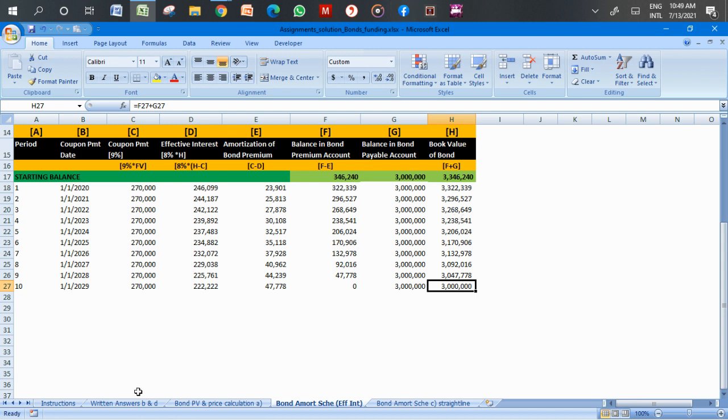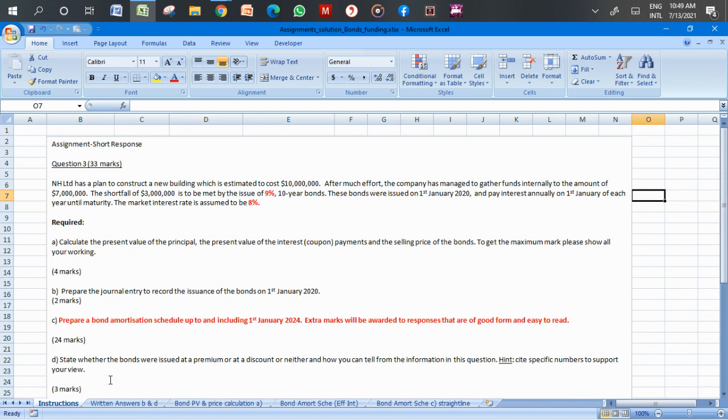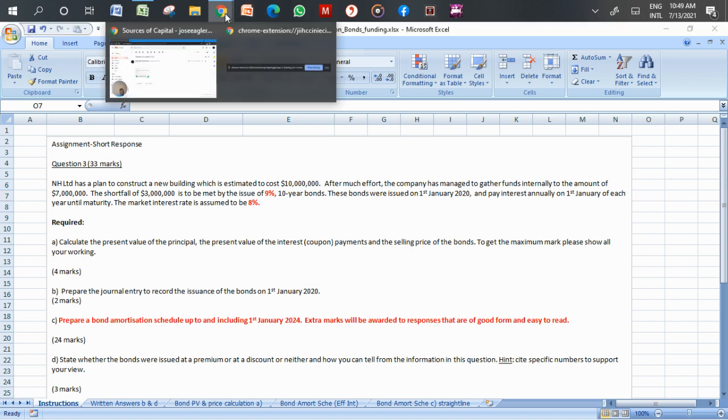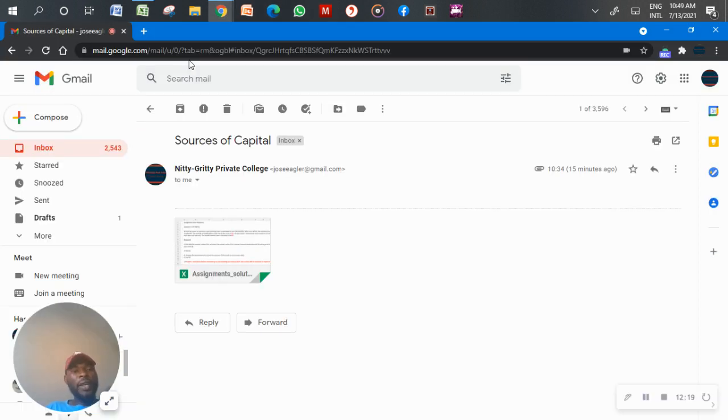Okay, so that's it. The last question is saying, state whether the bonds were issued at a premium or a discount. This one is simple. By just looking at the question, you can see that the coupon payment is 9%, but the effective interest rate is 8%. That alone should show you that the bond is actually issued at a premium.